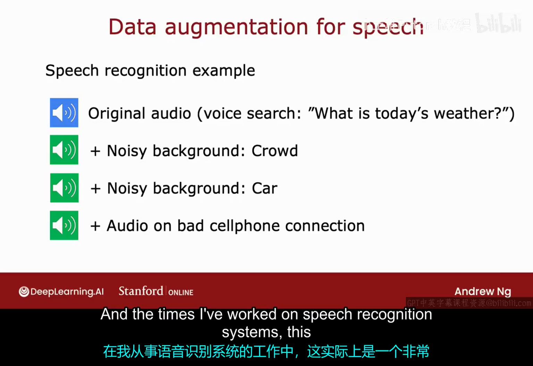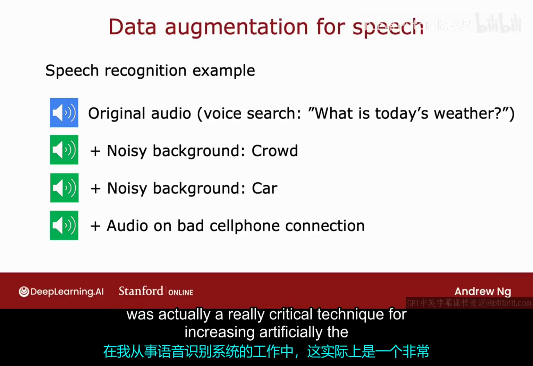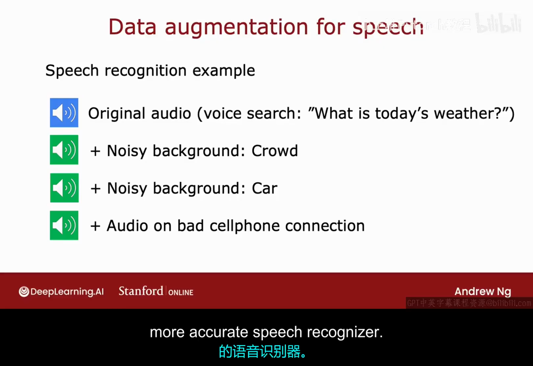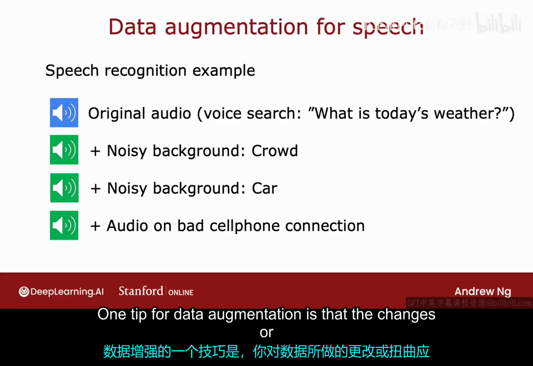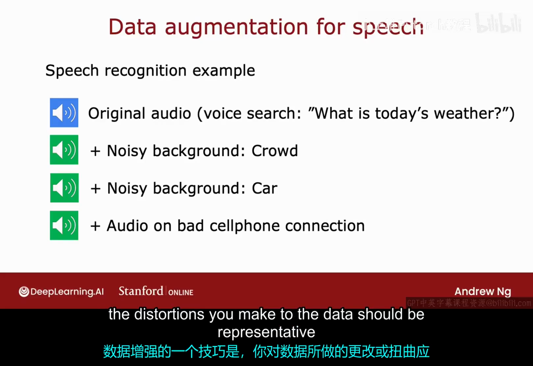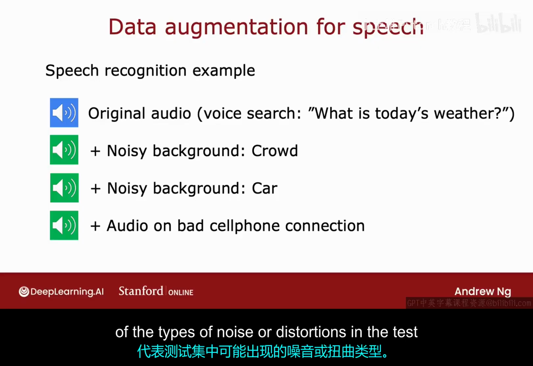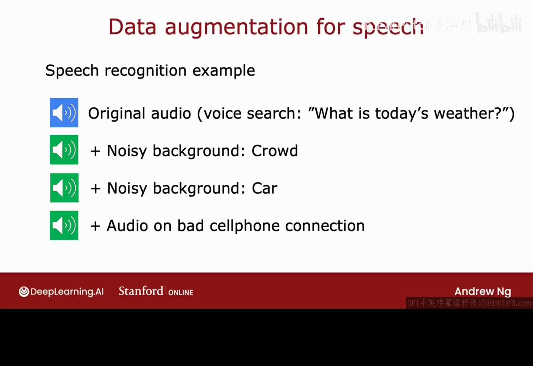In the times I worked on speech recognition systems, this was actually a really critical technique for artificially increasing the size of the training data I had to build a more accurate speech recognizer. One tip for data augmentation is that the changes or the distortions you make to the data should be representative of the types of noise or distortions in the test set.